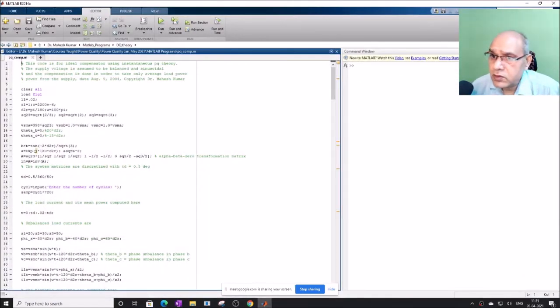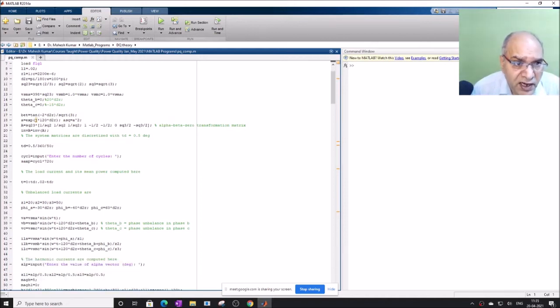Okay. So this is the script of the program which implements this algorithm. You can see we can define different parameters like beta and alpha. These we can define as a matrix with square root 2 by 3, 1 by square root 2, and so on; all these parameters can be defined here. This is the time step.